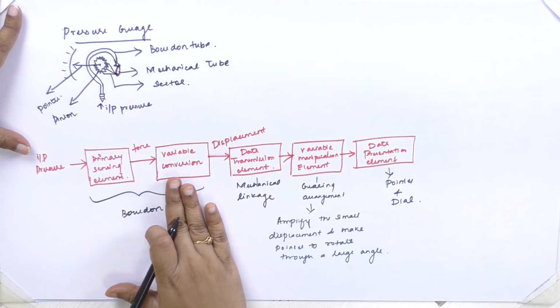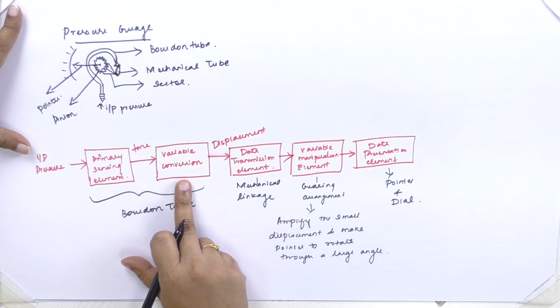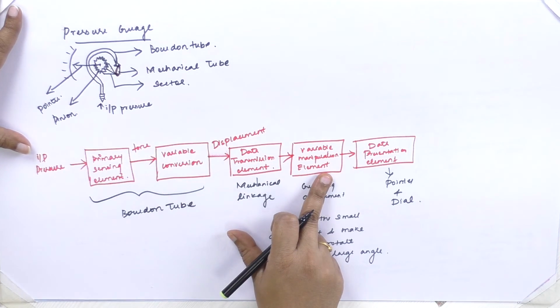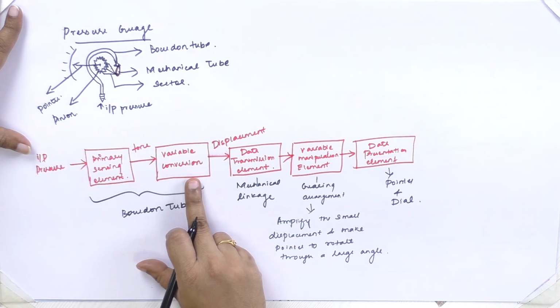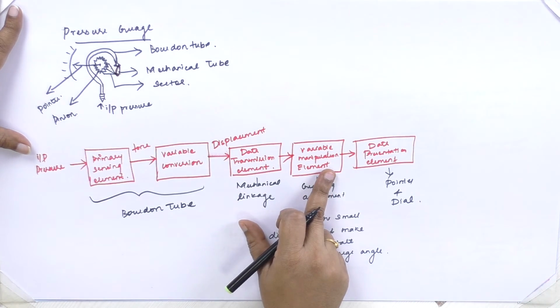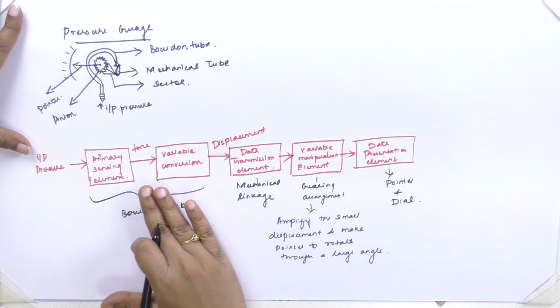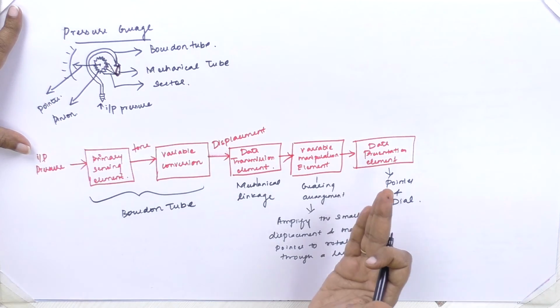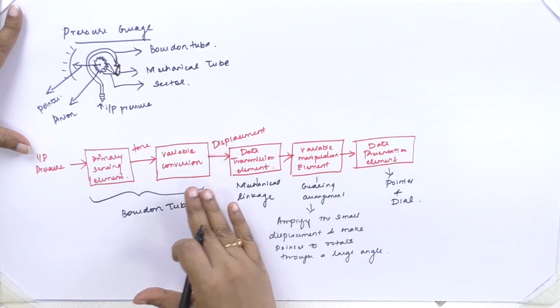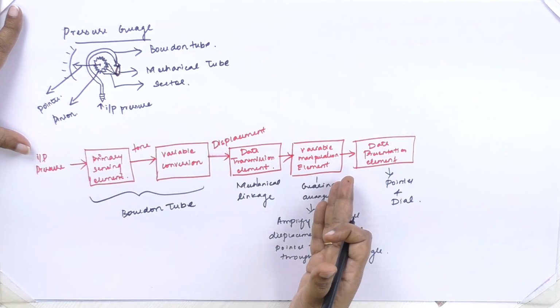From this block diagram we can say that the variable conversion element and variable manipulation element are needed for this pressure gauge, and also it is not necessary that the variable manipulation element should follow after the variable conversion element. Depending on the quantity to be measured and the instrument, the elements may vary in their positions.